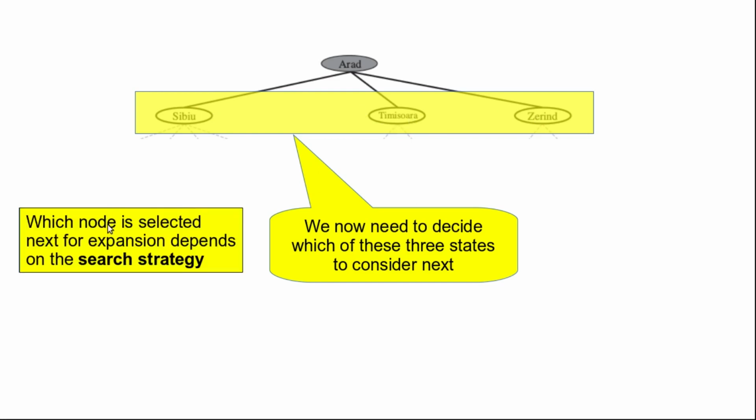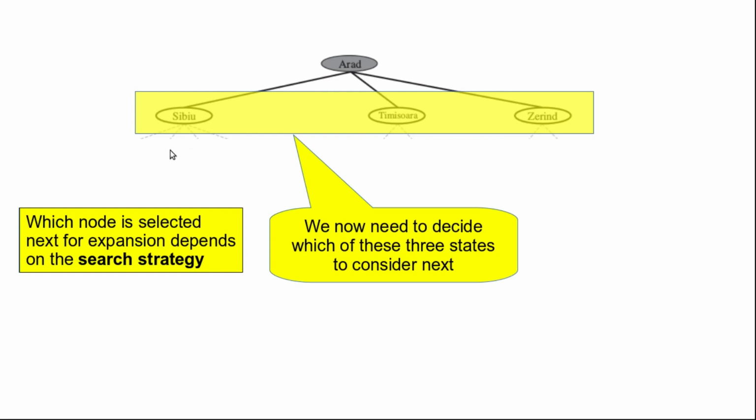So which node is selected next for expansion depends on the search strategy. Different search algorithms may apply different search strategies, and based on the strategy being used, one of these 3 would get selected. For example, search algorithm 1 may choose Sibiu, but another algorithm may choose Timisoara. So it depends on the search strategy.